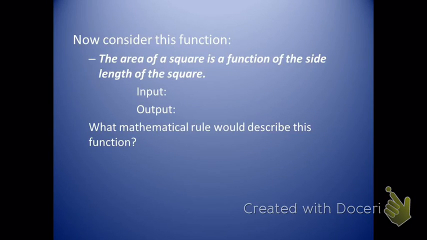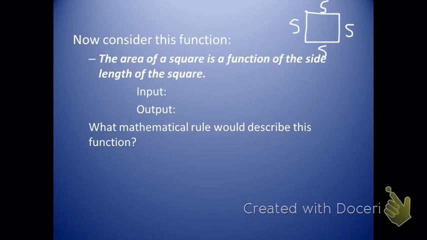Okay, so now consider this function. The area of a square is a function of the side length of a square. If I have a square, all the sides are the same length, and I can find the area of that square given the side length.